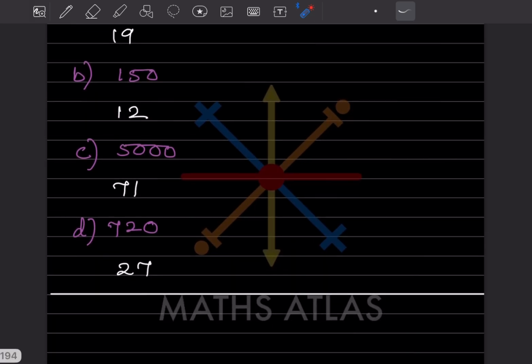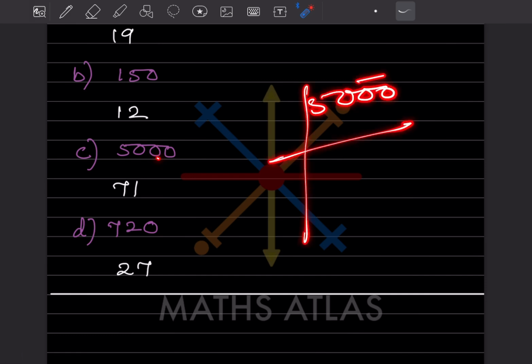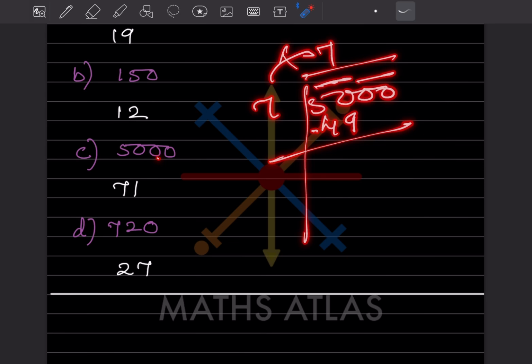Now we will go for this 5000. So this is 50, means 7 sevens are 49. This was multiplication. This we are going to add. So here will be 14 and this will be 1. So we are going to take here 2 numbers down, because that is a pair.